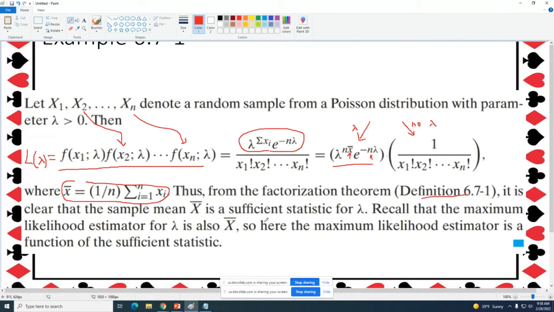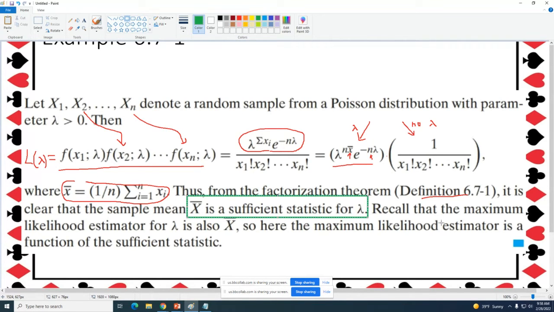So from our definition, we would see that x bar is sufficient. It is a sufficient statistic for lambda, which means if you are trying to find the value of lambda, all you have to have is x bar as far as estimating lambda.